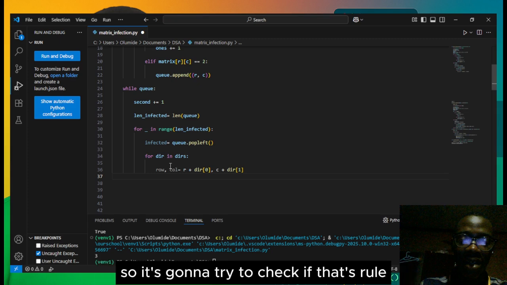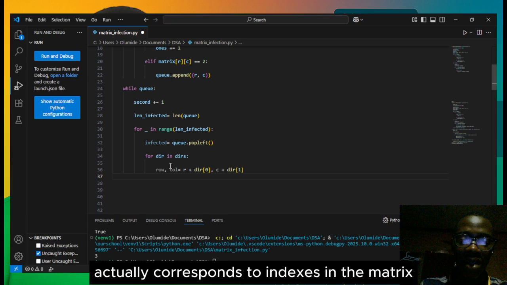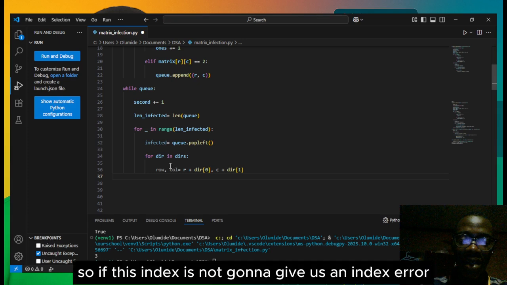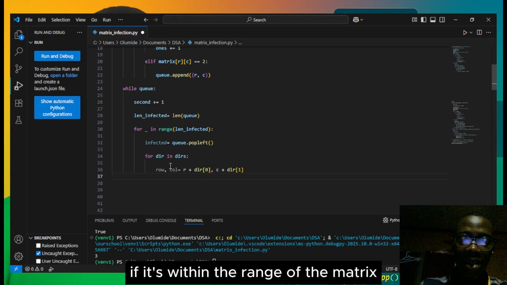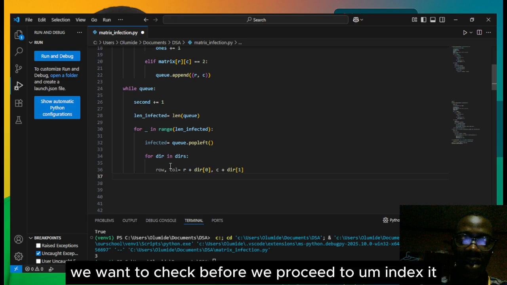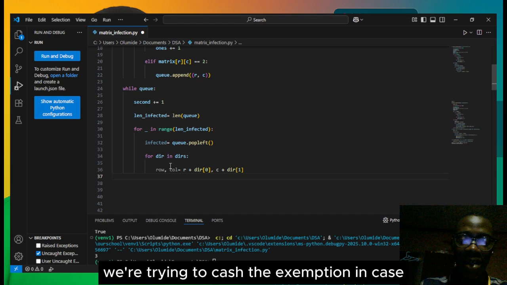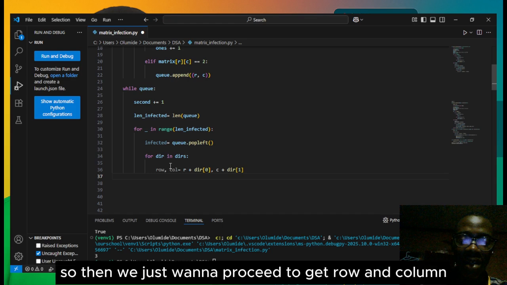It's going to check that row and column, which correspond to indices in the matrix, will not give us an index error, that they are within the range of the matrix. That's what we want to check before we proceed to index it. It's just like catching the exception in case there's an error. So then we proceed to get row and column.